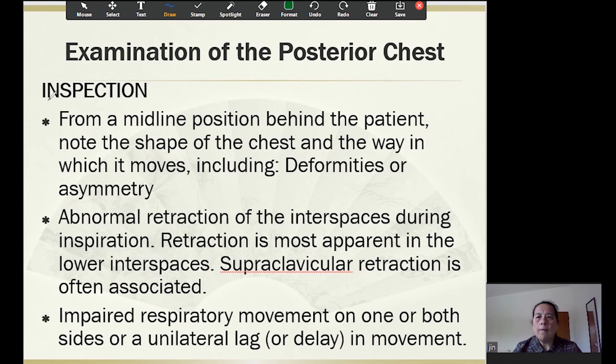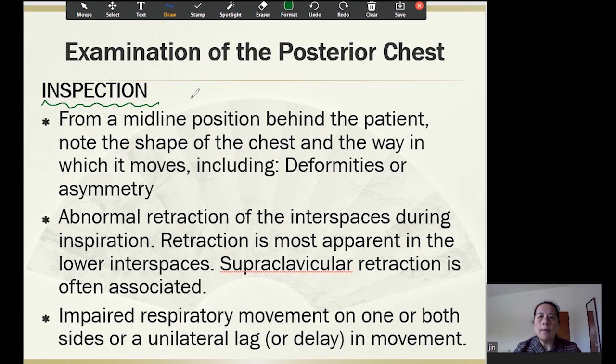Then we follow the order. We check the chest area and check the lung. Inspection. Just looking. The patient comes in, and we look at the frontal part and the back part of the patient.